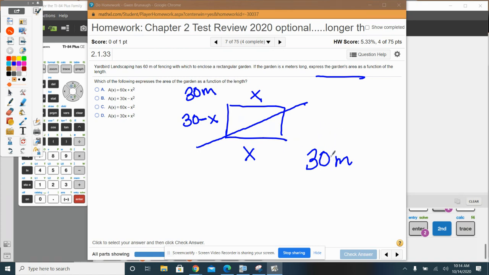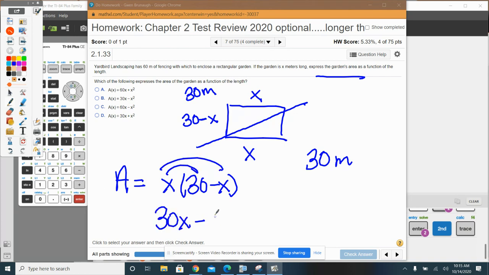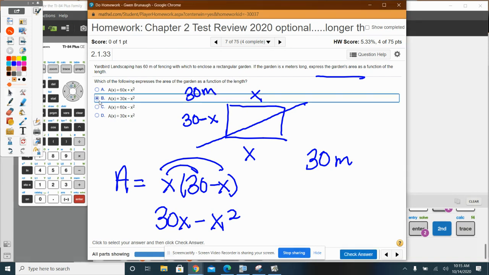If you wanted to use 60, you would have had to do 60 minus both of the X's and divide it by 2. So because it's a rectangle and this is X, it's going to be 30 minus X. Area is base times height. So it's X times 30 minus X, which is 30X minus X squared.